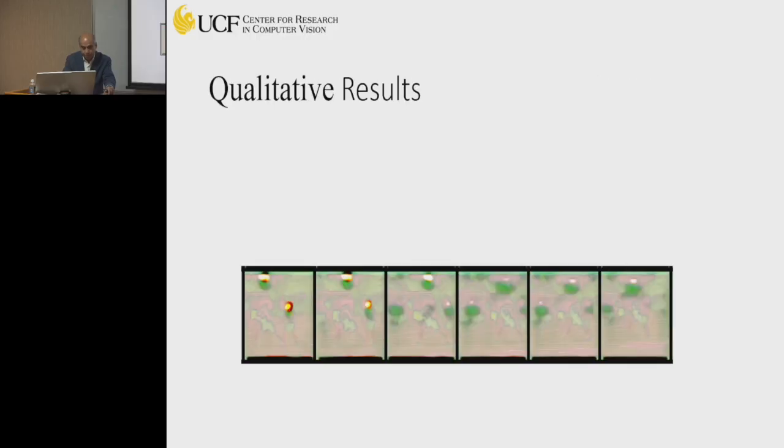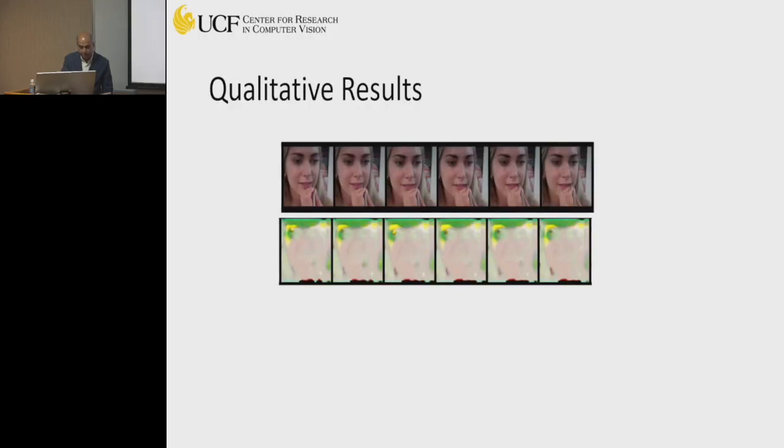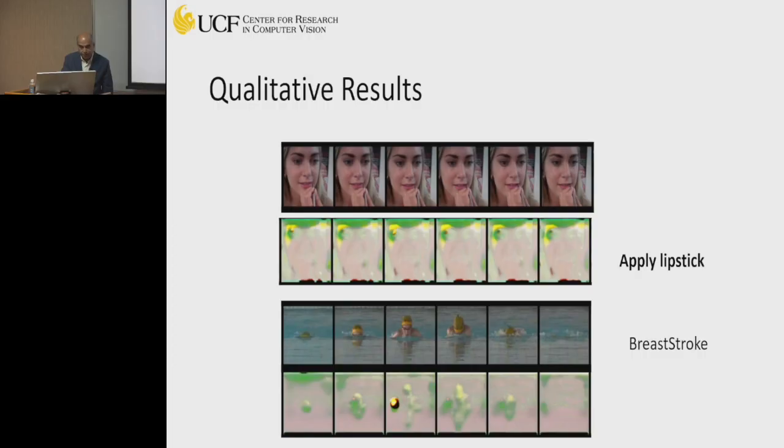To see how well we are doing, if I show you these frames, you won't be able to say who is performing the action. Actually, this is the action called frisbee catch. Our system is able to say frisbee catch, and it's purely anonymized. These are some more examples: apply lipstick, breaststroke, and so on.